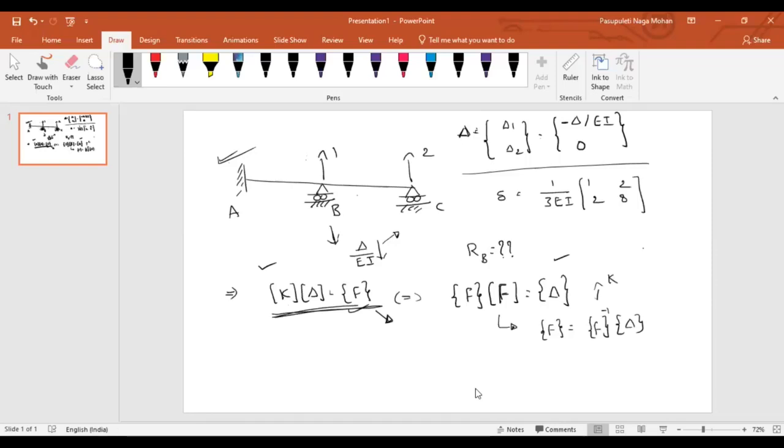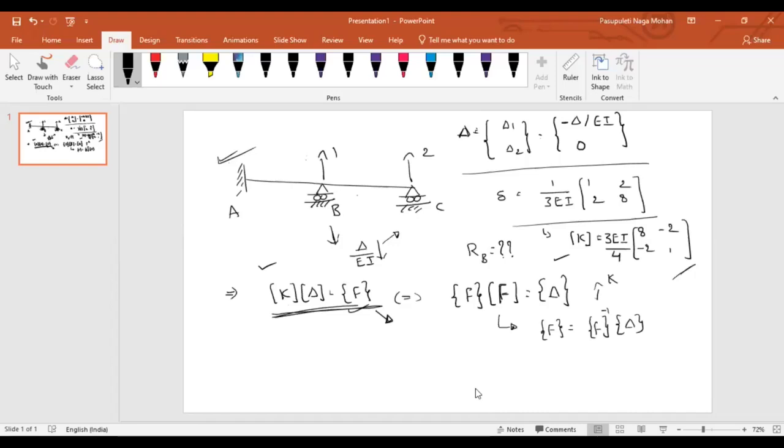If this is your flexibility matrix, what is your stiffness matrix? I will reverse this first: 3EI times, these two will interchange, 8, 1, minus 2, minus 2, divided by the determinant of this matrix, 8 minus 4. Is it the stiffness, sir?